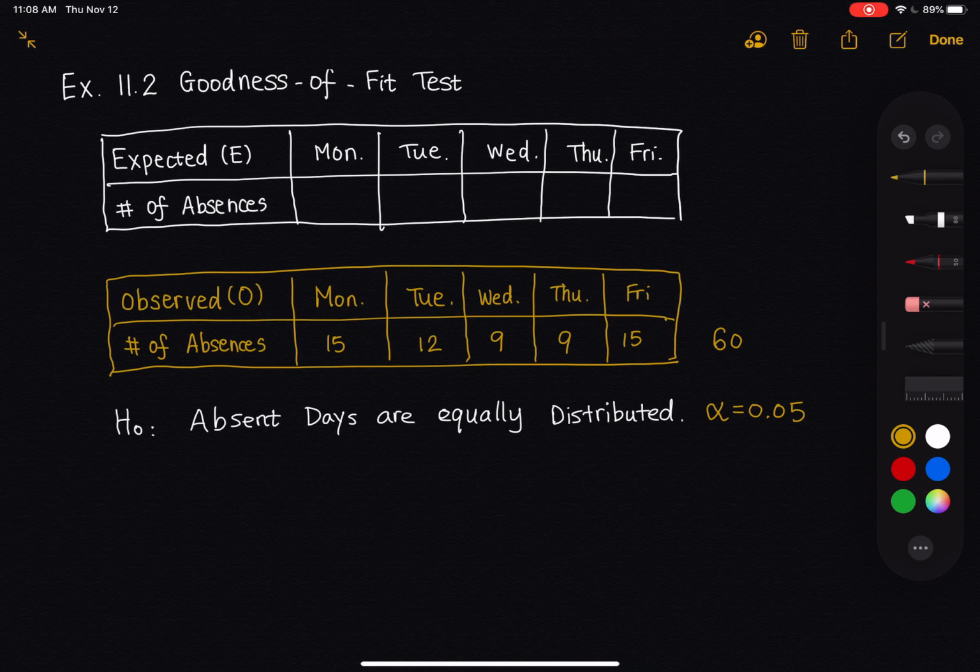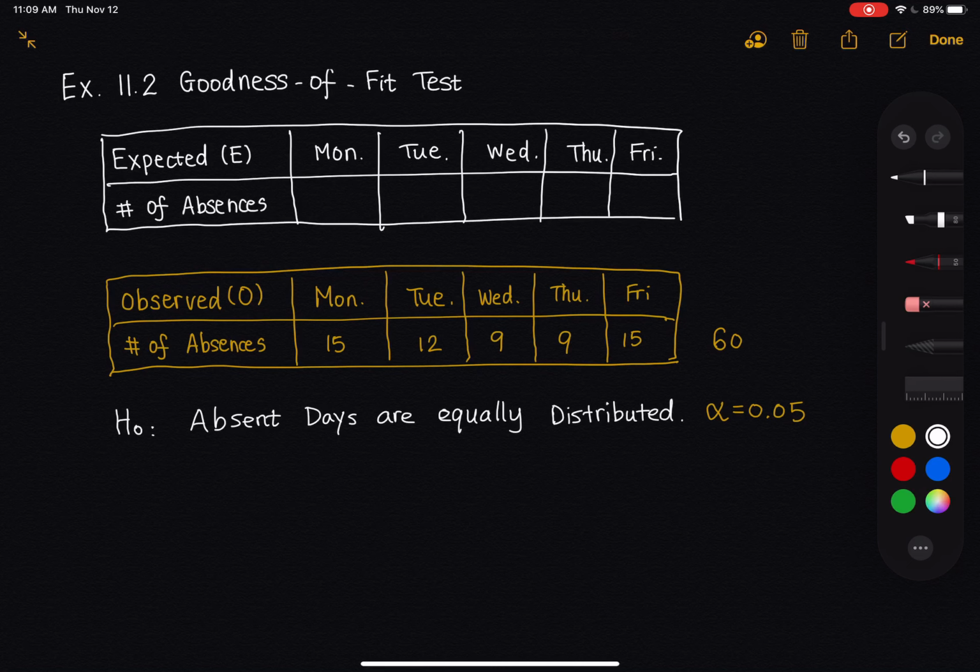Now, the observation is that out of the 60 employees that we surveyed in the sample, 15 of them were absent on Monday, 12 on Tuesday, 9 on Wednesday, 9 on Thursday, and 15 on Friday. So we want to see if the absent days are equally distributed.